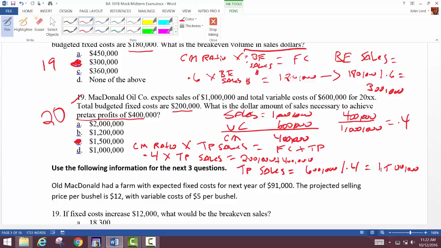I don't think it's. I just think that it's not the contribution margin ratio times my target profit sales. How much do I have to earn in sales to cover my fixed costs plus a profit, right?